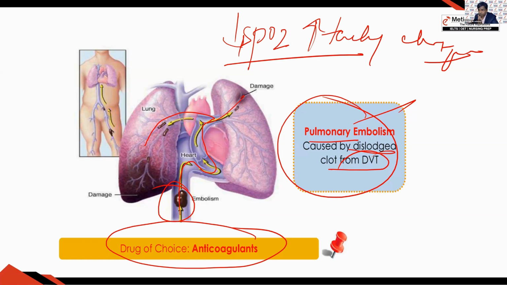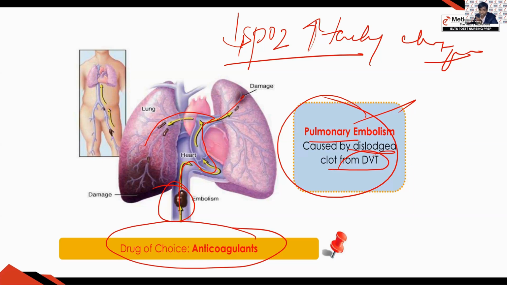The clinical findings are important. Hemoptysis, blood in the sputum, sudden onset of tachypnea, tachycardia, and SpO2 going down: 94, 92, 92. Immediately, it's a pulmonary embolism.